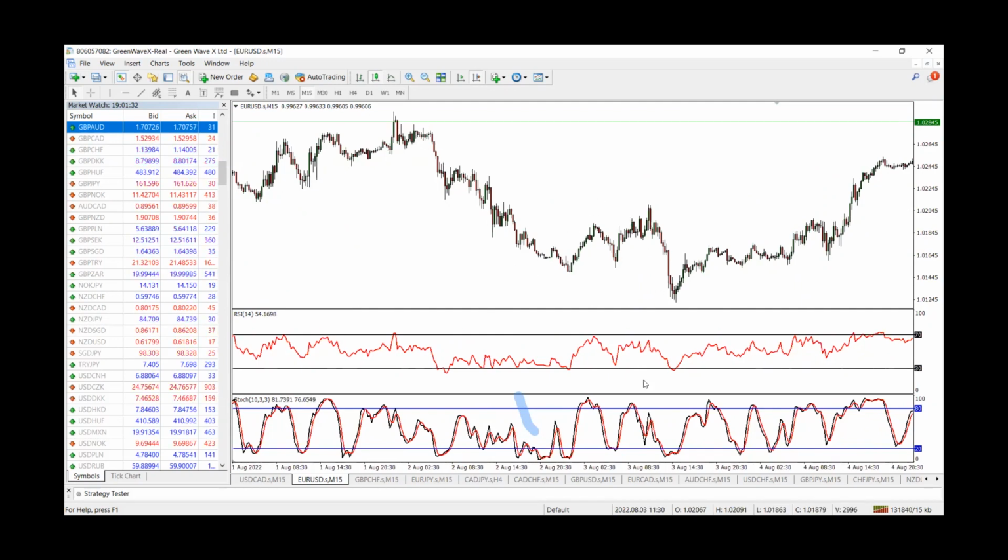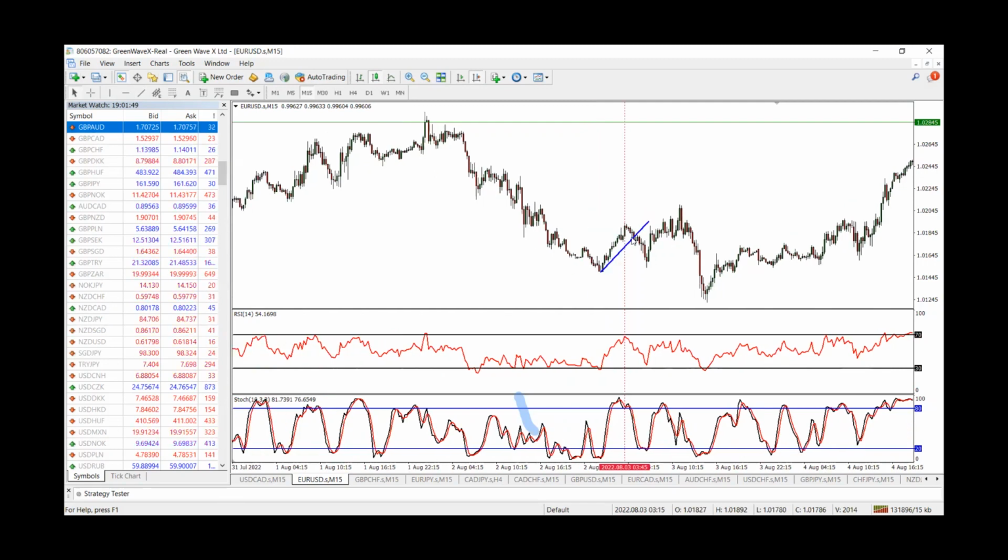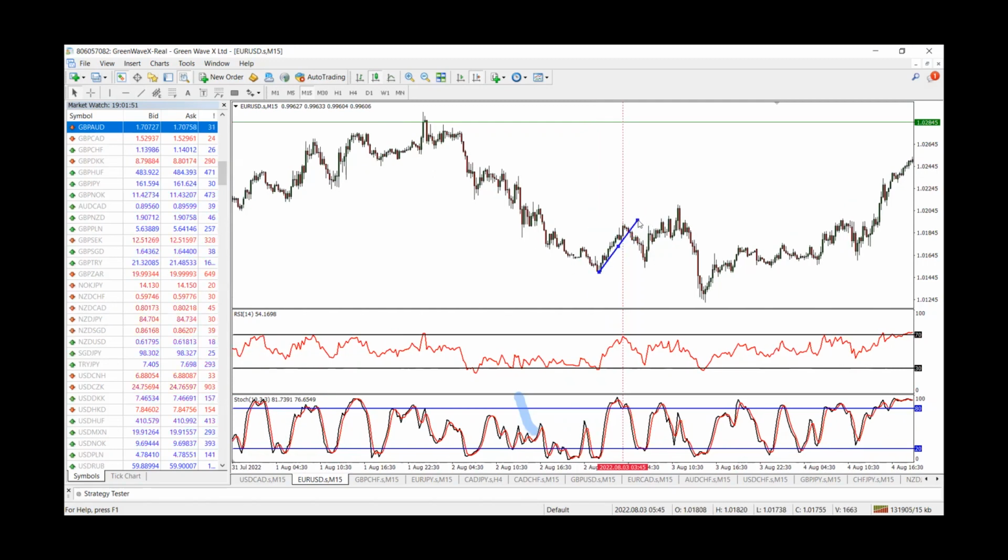Price trending bearishly. And what I'm going to do is to wait for overbought. This is the first overbought that I had here. And I plot the trend line. Price broke down.